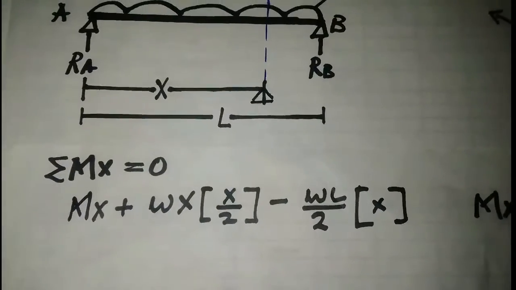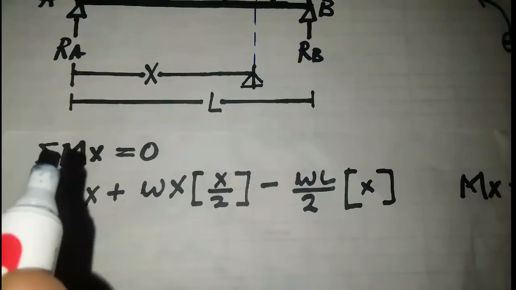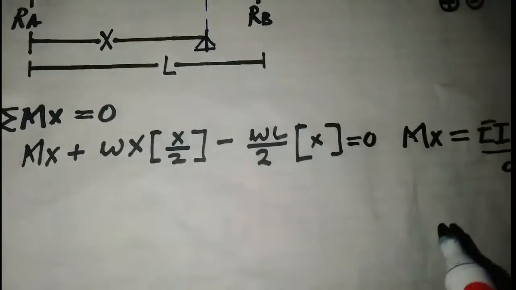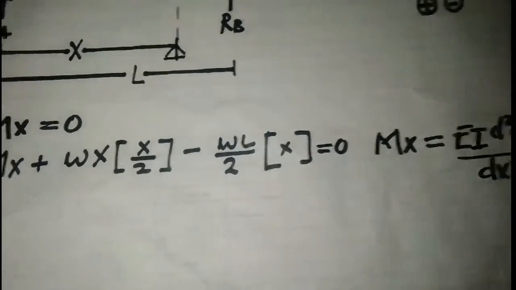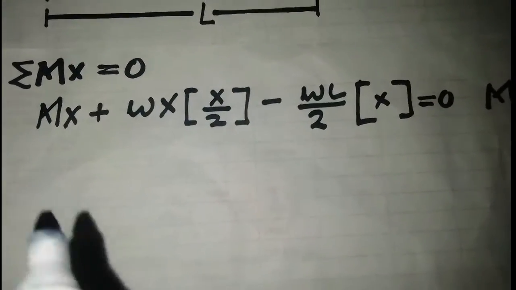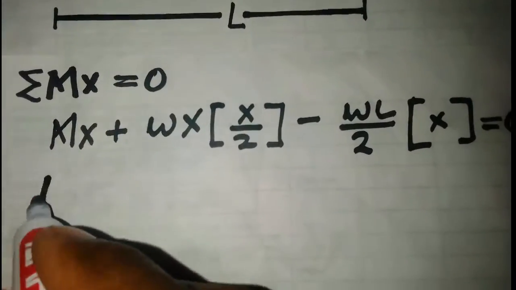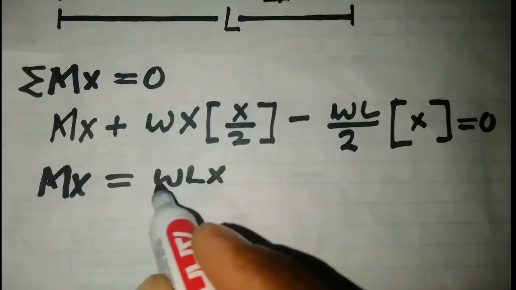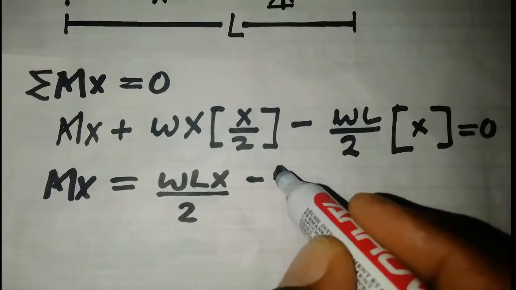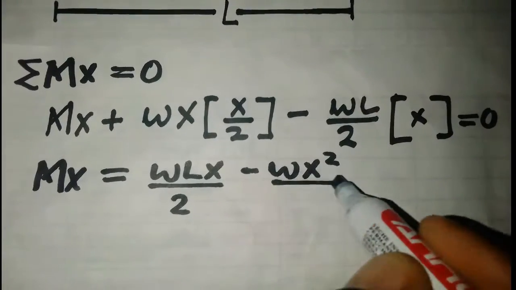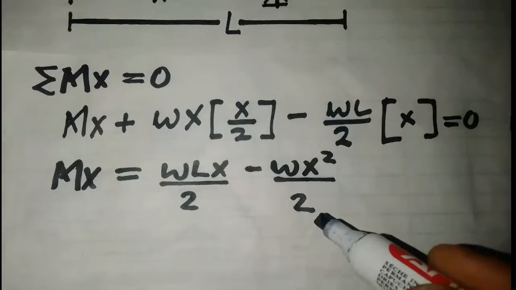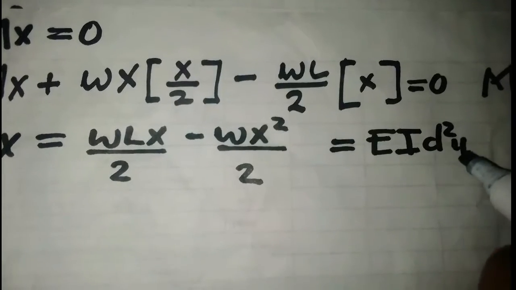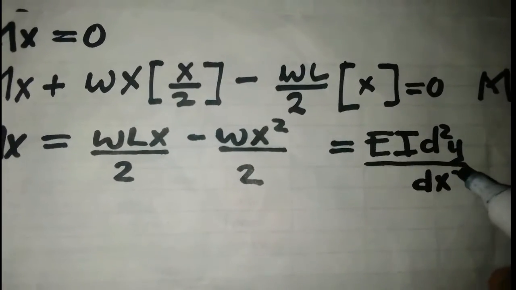As we said, the summation of all moments about x must be equal to 0, so we equate this to EI d squared y over dx squared. Here I'm going to make Mx the subject of the formula, so Mx will be equal to WLx over 2 minus Wx squared over 2. This is what we have, and it is equal to EI d squared y over dx squared.